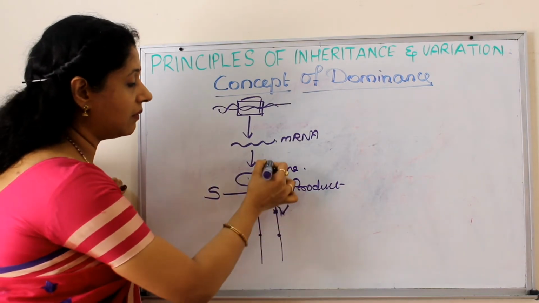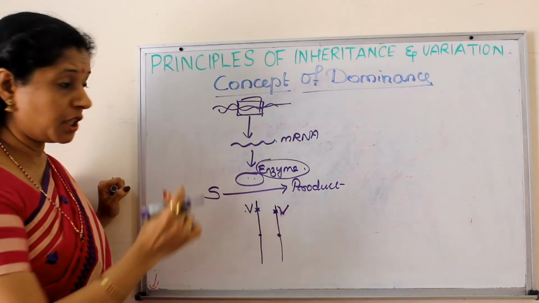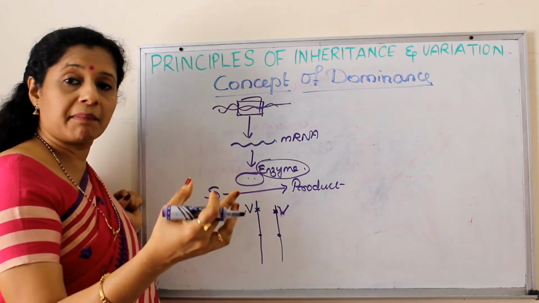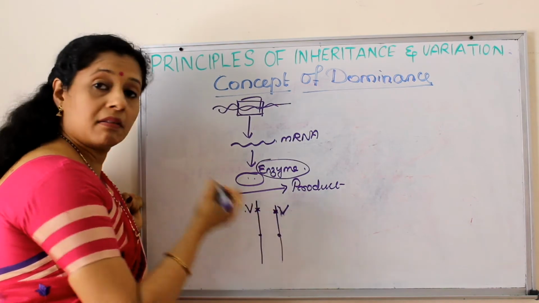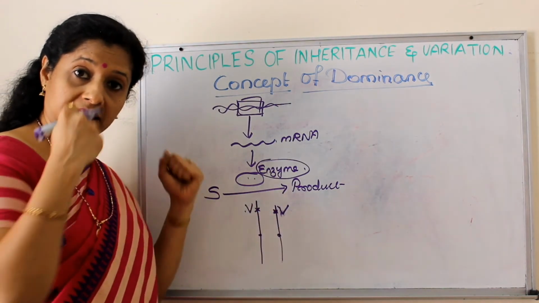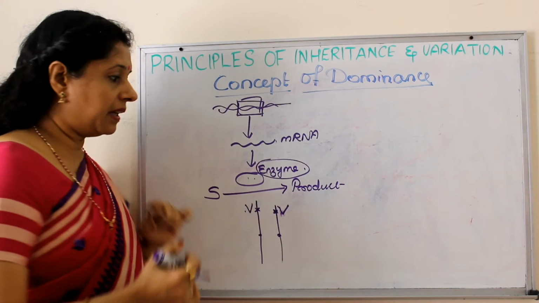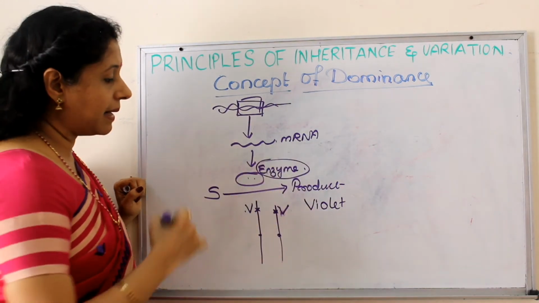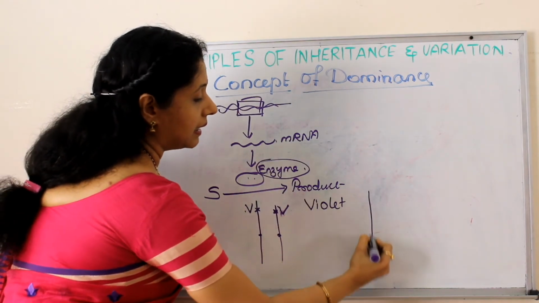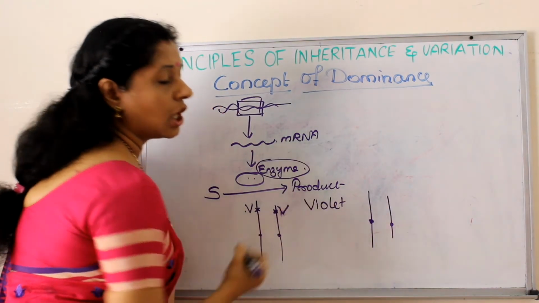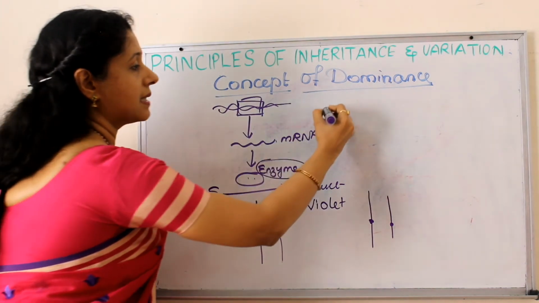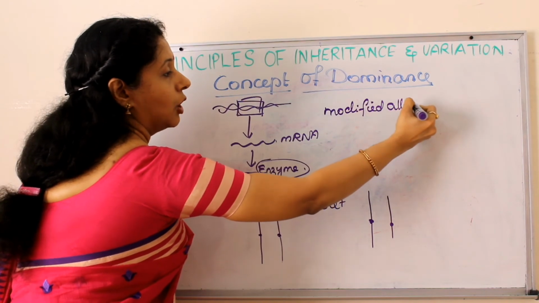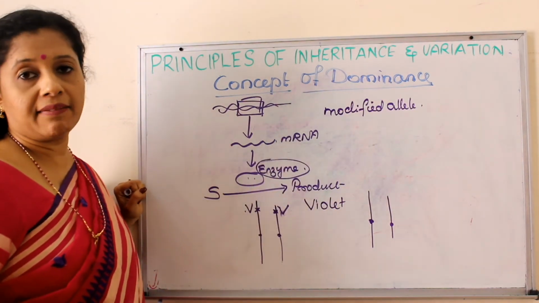So a dominant allele will produce efficient enzyme to make the flower color violet, to produce that violet pigment properly. So both the alleles are equally powerful in creating violet color pigment. So definitely the flower is going to be violet. No question about it, right? But imagine another situation where it is a different allele. That different allele is referred to as a modified allele, or rather the recessive allele.